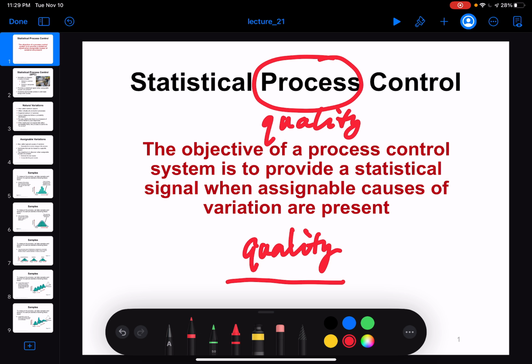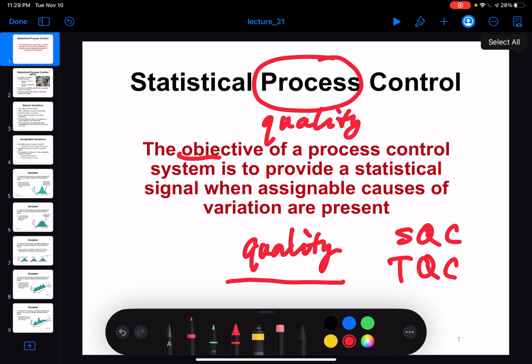As a matter of fact, many of the references call it SQC or TQC, total quality control, or total quality management. We call it process control because people realized later on that in order to improve the quality, you have to improve your process.